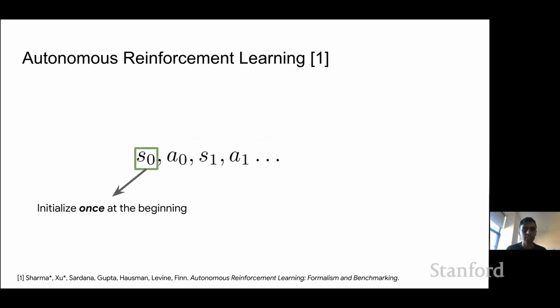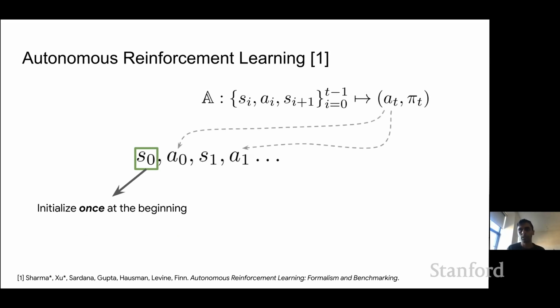It's initialized in the environment once in the beginning, but after that, the interaction continues indefinitely. In formal terms, this will continue for an infinite horizon, but there wouldn't be any resets to generate new trajectories in the environment. There are a few metrics that we can optimize for, but broadly, we want to learn good behaviors that robots would want to execute or be used for. And this is what we want to learn autonomously.